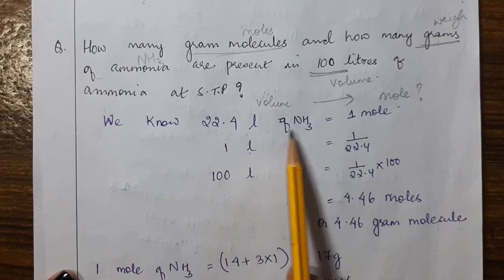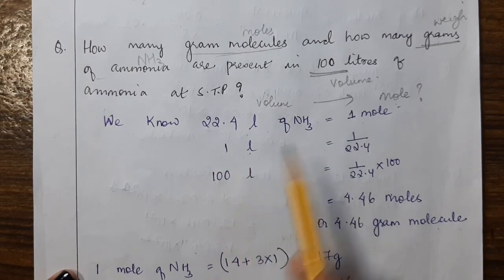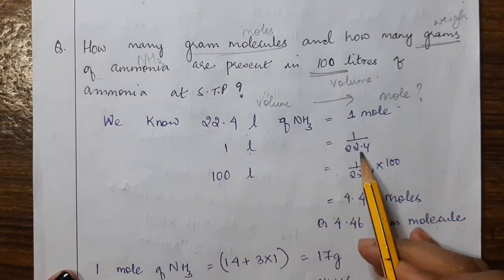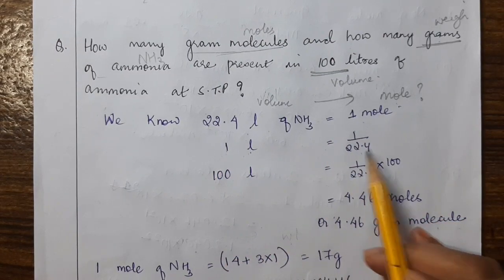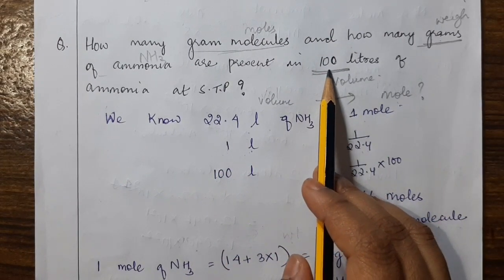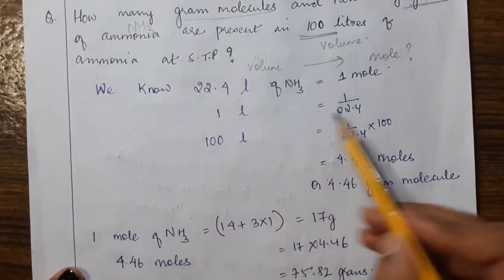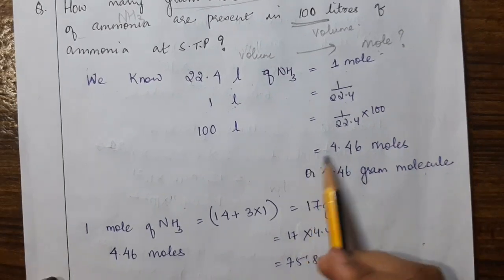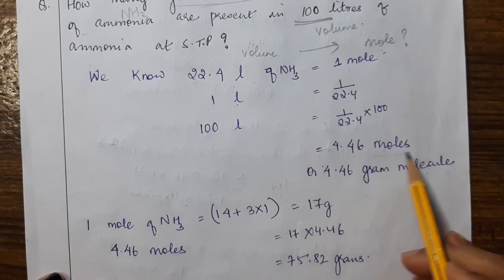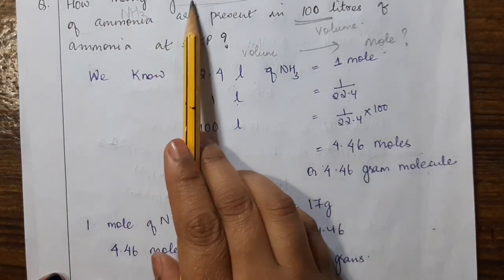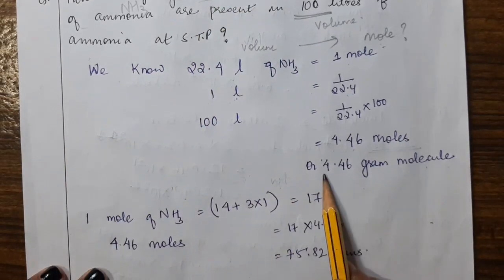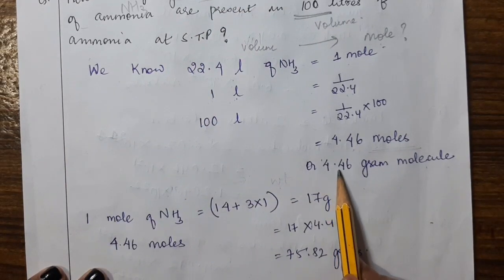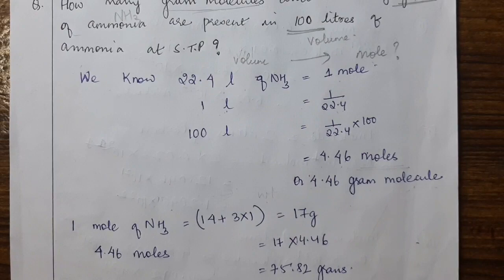If 22.4 liters of ammonia is 1 mole, then 1 liter will be 1 divided by 22.4. For 100 liters, it equals 1 by 22.4 into 100. That gives us 4.46 moles. In the question, the term used is gram molecules, so we'll say 4.46 gram molecules.